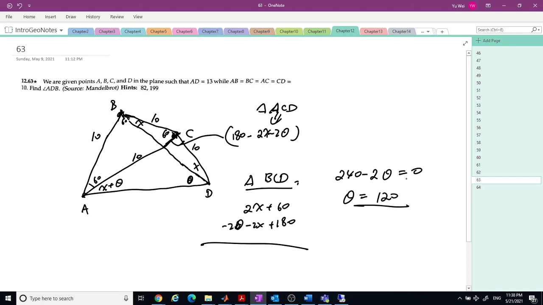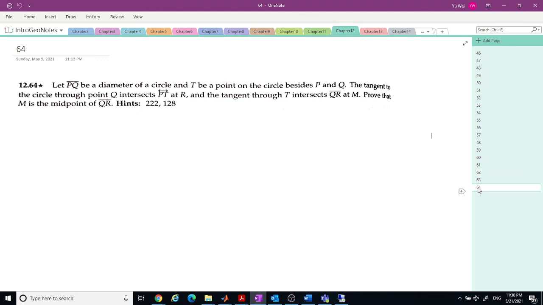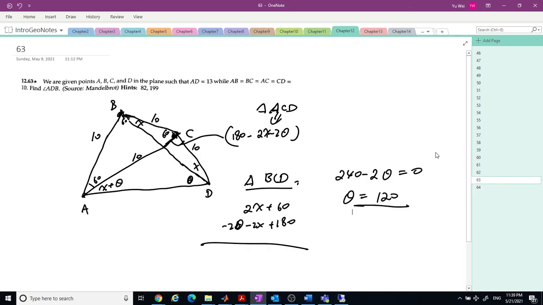Let me see, something is wrong. 180 minus 2x minus 2 theta, then it's x 60. Oh, okay. It's 2x plus the 180 minus this, plus the 60.